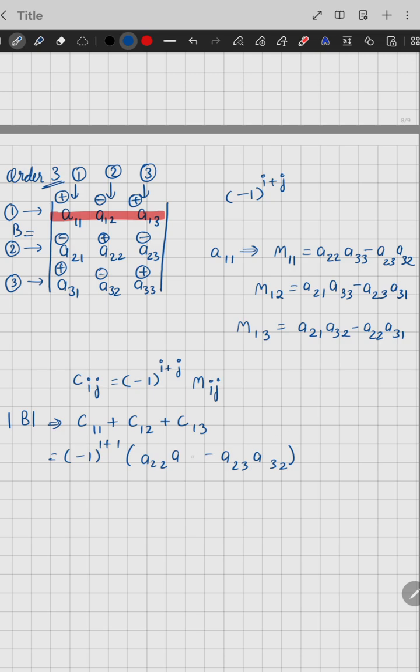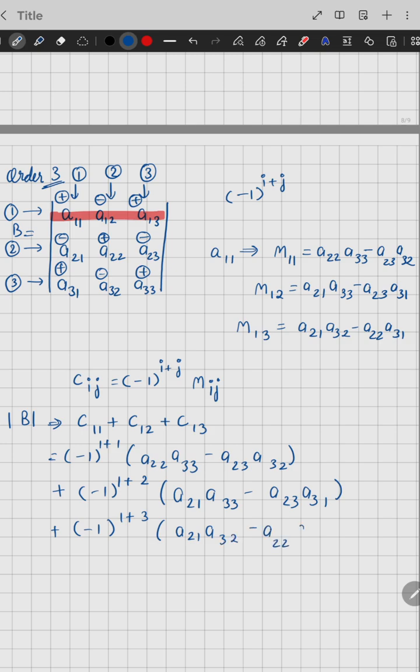Plus minus 1 to the power 1 plus 2 into A21 into A33 minus A23 into A31, plus minus 1 to the power 1 plus 3 into A21 into A32 minus A22 into A31. So simply then we are going to get the value of the determinant by solving these.